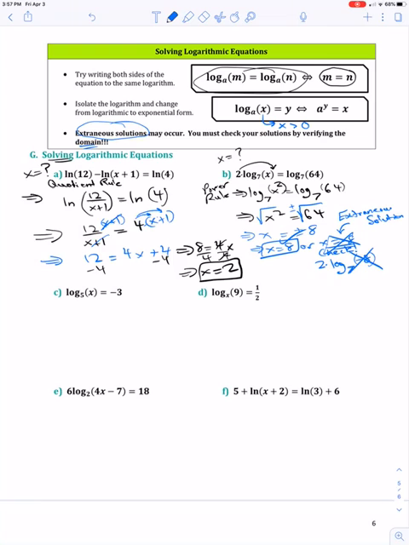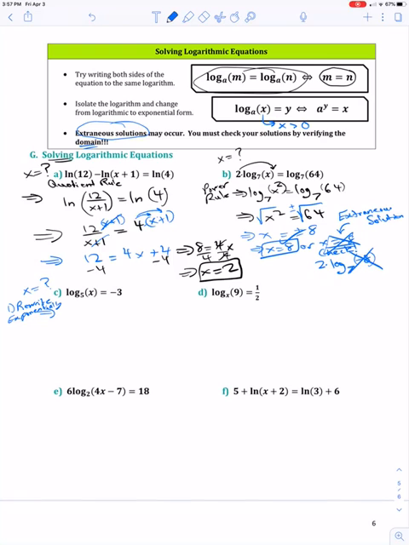So let's take a look at the next examples here, C and D. In C, let's see if we can find out what x equals. I've got log base 5 of x equal negative 3. Well, all I can do now is look at rewriting it exponentially. I can't use the same base rules like we've been using on the other ones, two log base 5s, so not log base 5 on the right side.